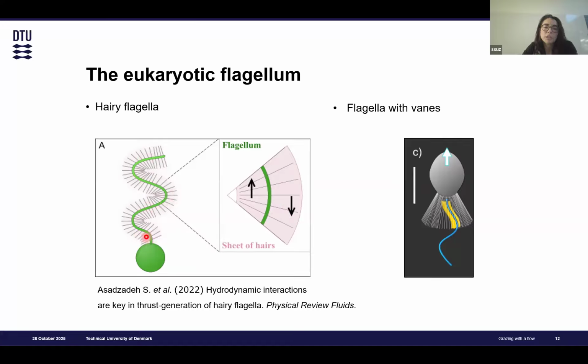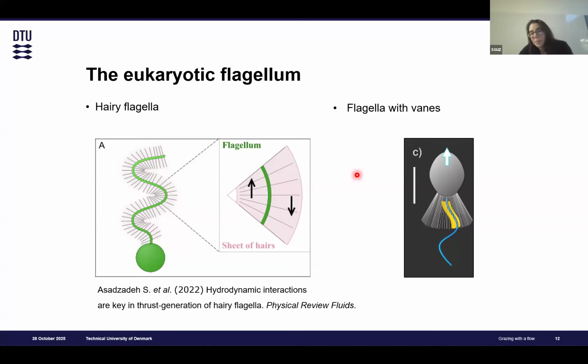Then they're able to generate a feeding flow that is towards the cell body, contrary to a naked flagellum that would be generating a flow that is outwards. So basically, they invert the flow direction.